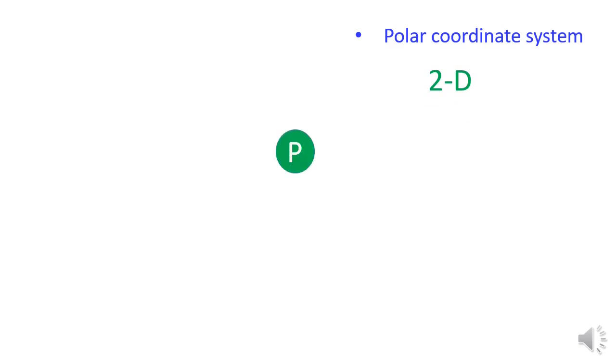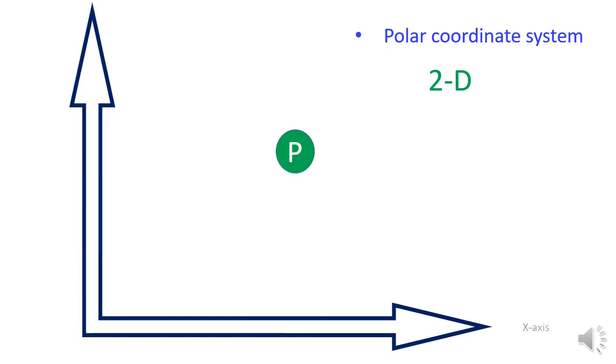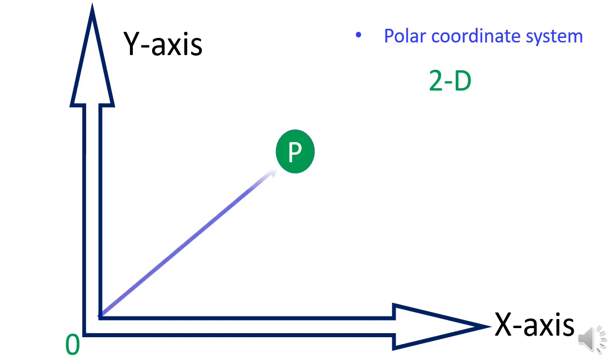Now, let us look at how to give the location of a point in the polar coordinate system. It is very important for you to know that the polar coordinate system is a 2-dimensional coordinate system. Now, if you have a point P and you wish to give its location in polar coordinates, the very first thing to do is to identify your x and y axis which meet at a common point O. The next thing to do is to draw a line from the point O to the point P, and you call that distance r.